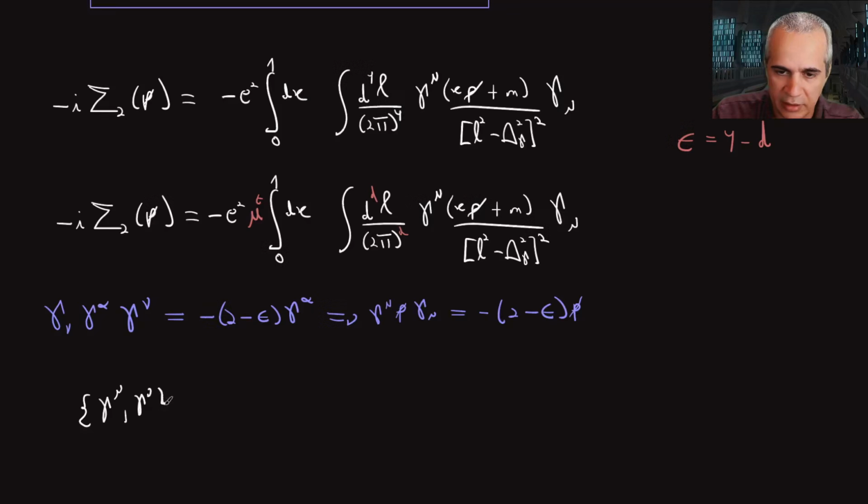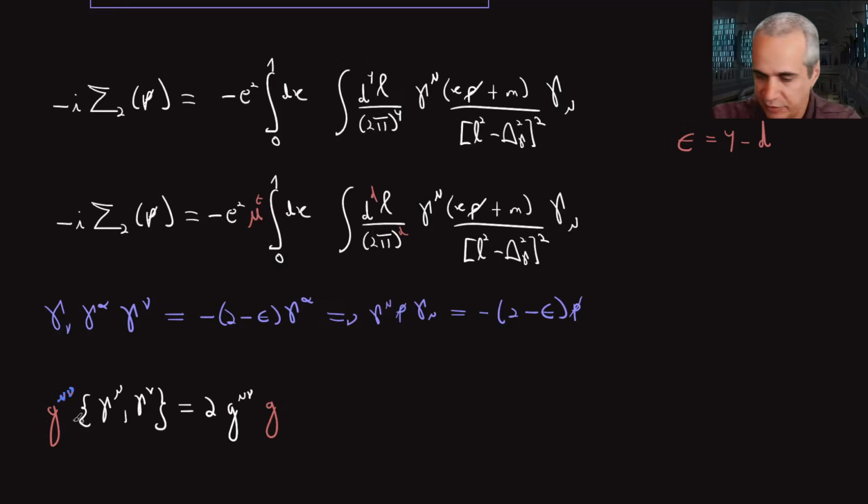This one is still true in d dimensions, and if you contract gamma mu on both sides of this equation, with indexes down, you can quickly show you have twice gamma mu gamma mu on both sides of this equation.